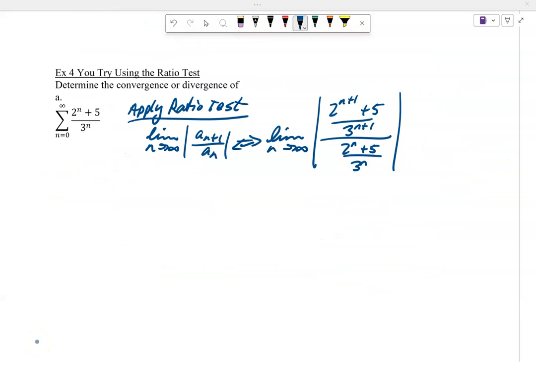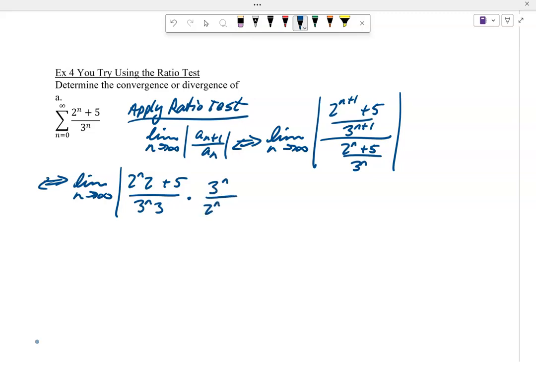All right, we're going to go ahead and apply the ratio test I have written out here. So I got 2 to the n plus 1, plus 5, over 3 to the n plus 1, times the reciprocal. And so it looks like our 3 to the n's will cancel.